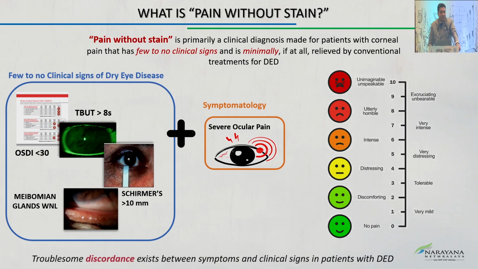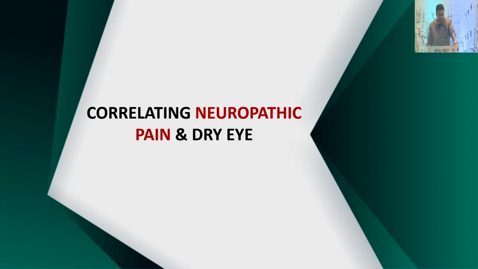One major challenge which we see both in our clinics as well as in post-refractive surgery is pain without stain, where you have all your parameters normal, but they're just not happy. They just keep coming to you being unhappy.